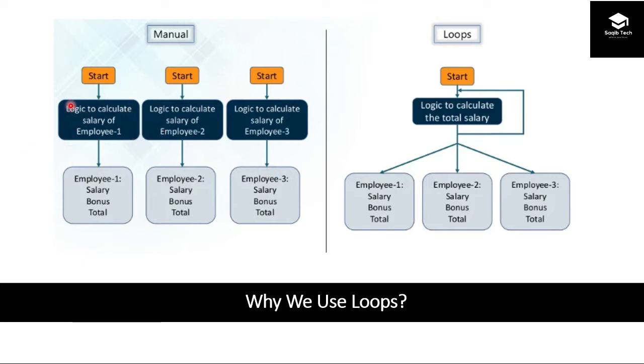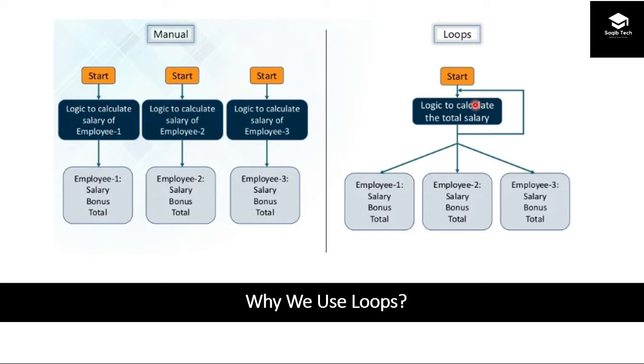For example, the logic to calculate salary. If you are doing it manually, it will cost you a number of lines, plus it will cost you your precious time. So if we shift toward loops, let's look at it here. You start and you create a loop on the logic.